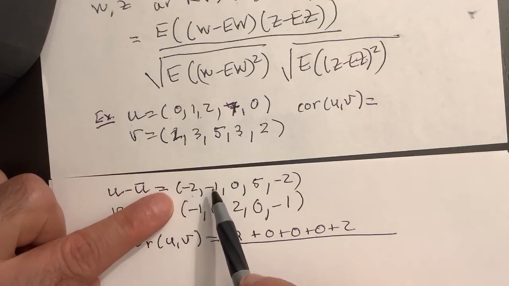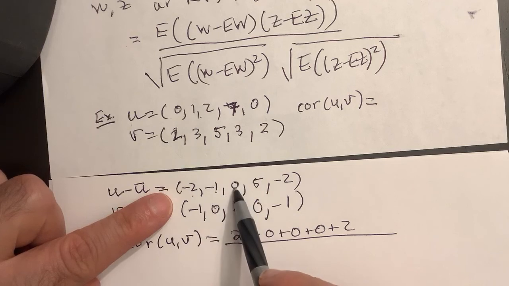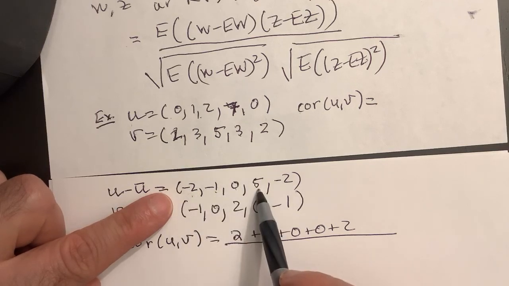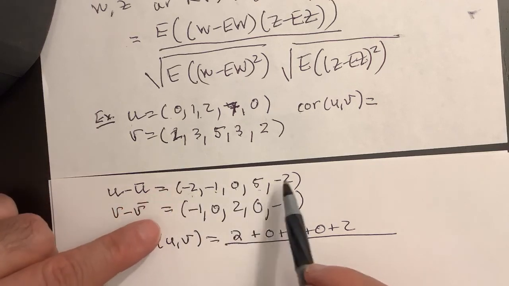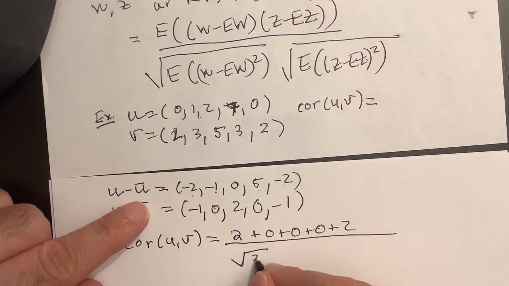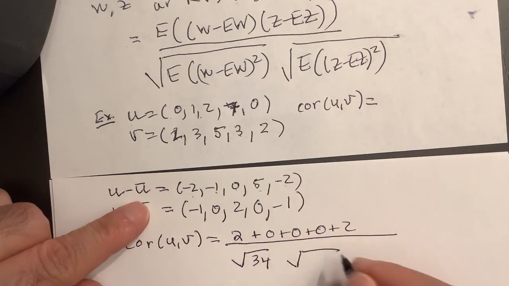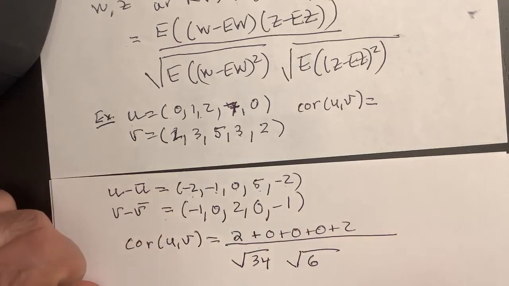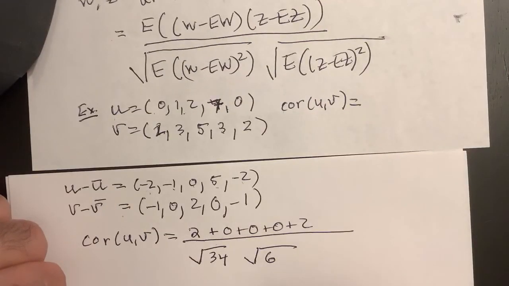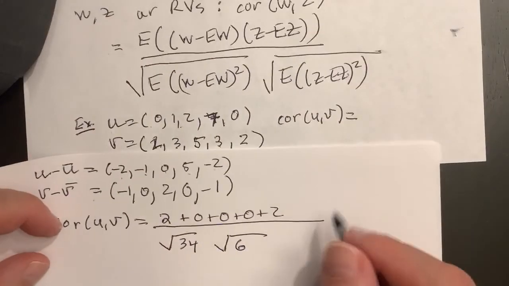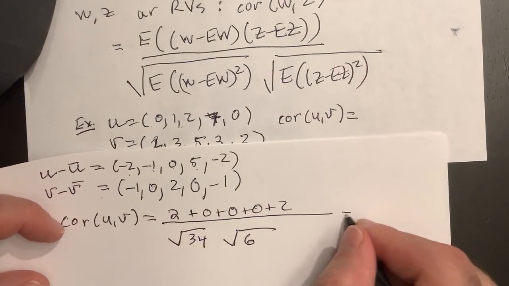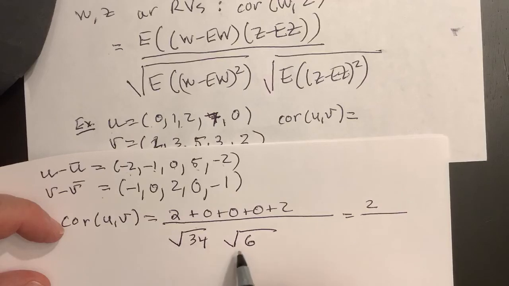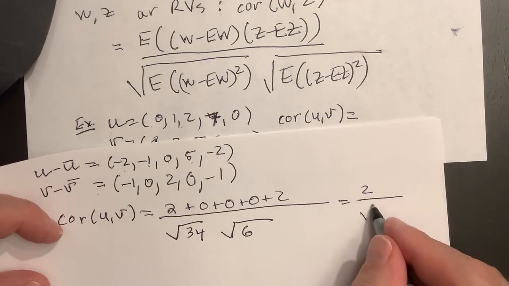So I get 4 plus 1 plus 0, so that's 5, 30, 34. And the other one I have 1, 4, 1, 6. So 4 will come out. Will an 8 come out? No, 2. Yeah, just a 4 comes out. So I get a 2 coming out. So I get 2 over square root of 51, right?